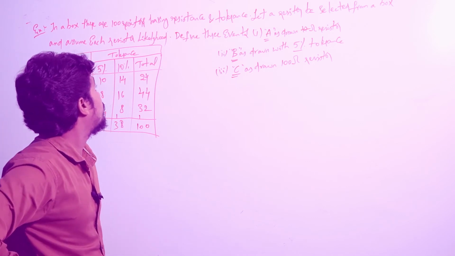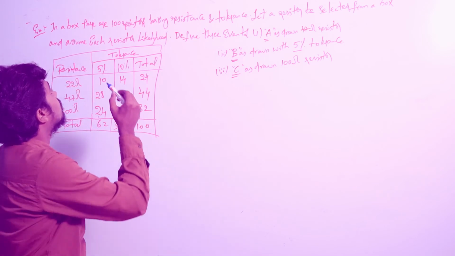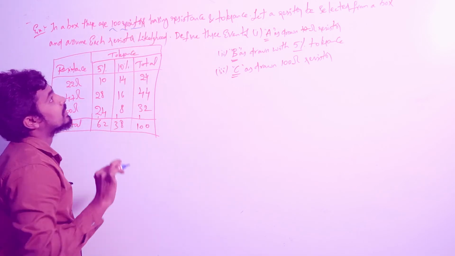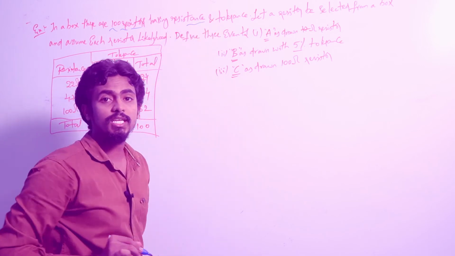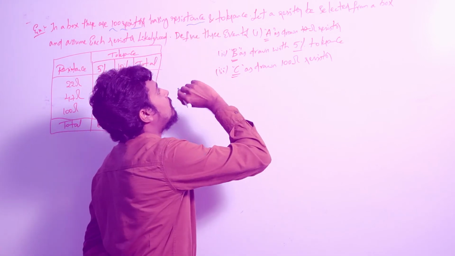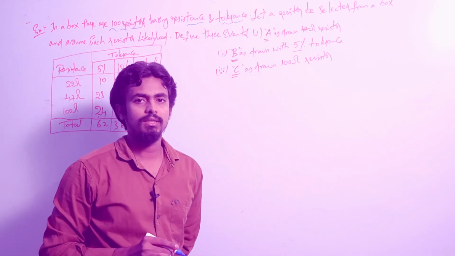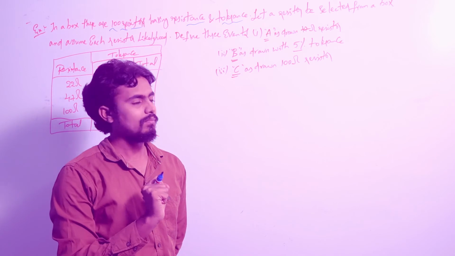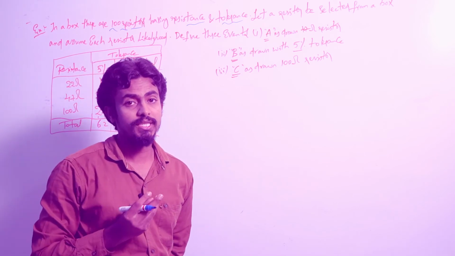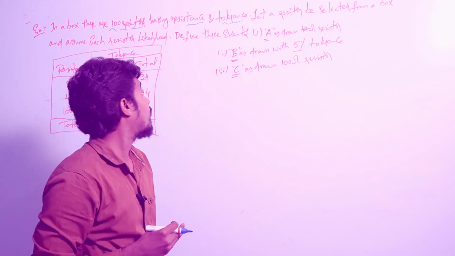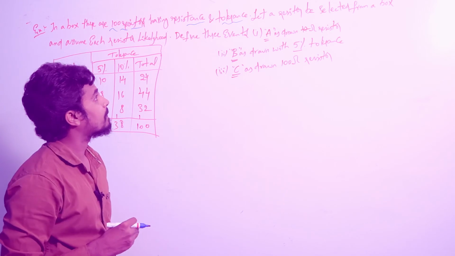clearly observe, they will be given the 100 ohm resistor. It will have the resistance as well as the tolerance. Tolerance means how much stopping capability that resistor of 100 ohm has.